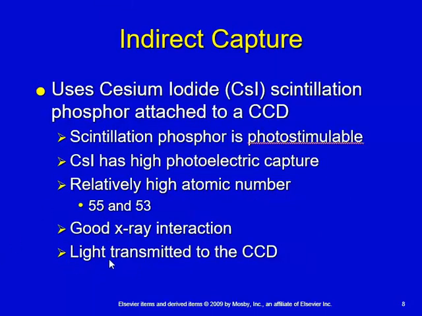So going back up to our indirect capture, if we used anything besides cesium iodide, if we had something with a lower atomic number, I don't know, say 40 and 43, then what we would have is, for the same exposure capture, we'd have to have a higher dose to the patient. So DQE, we want to use the phosphors with the highest possible DQE and still accomplish what it is that we want to accomplish.